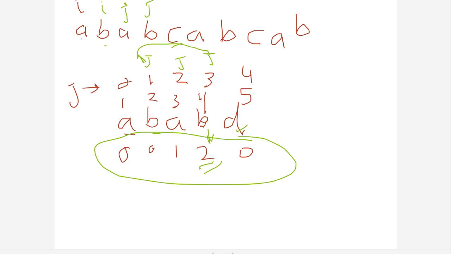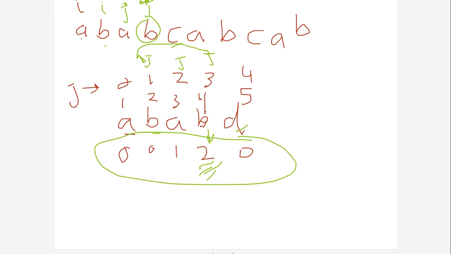But what about the I? The I only moves one way, forward, this way. There is no backward. So only the J goes backward. The I will continue. I stops at this location. So only J will go back to location number 2 based on this function.